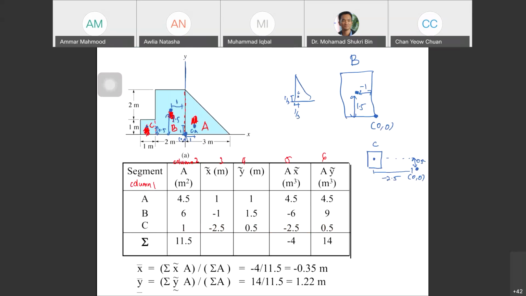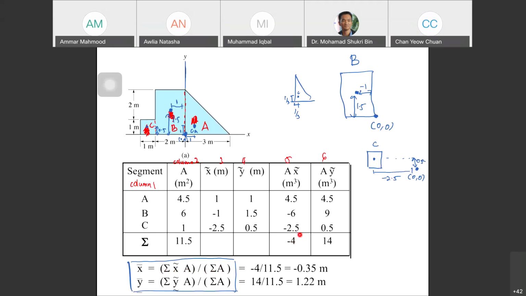So for the centroid of the whole figure, we use this formula. For the S bar, which is the summation of S bar A divided by total area, we get minus 4.